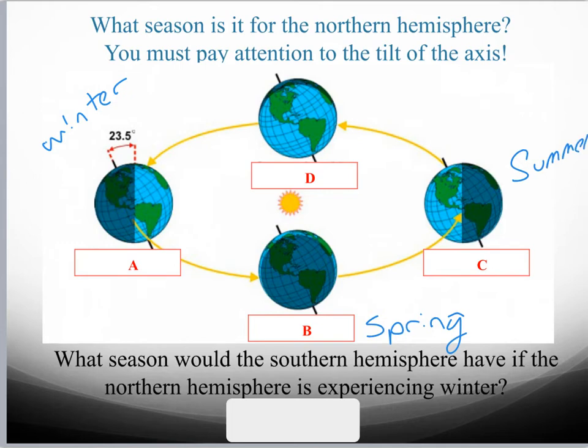Summer. Take a look at that axis. Let's double check it. That axis is tilted towards the sun, so that would make it summer. And then last, we have fall. When doing these diagrams, always start out with either winter or summer, and then follow the arrow around the circle.